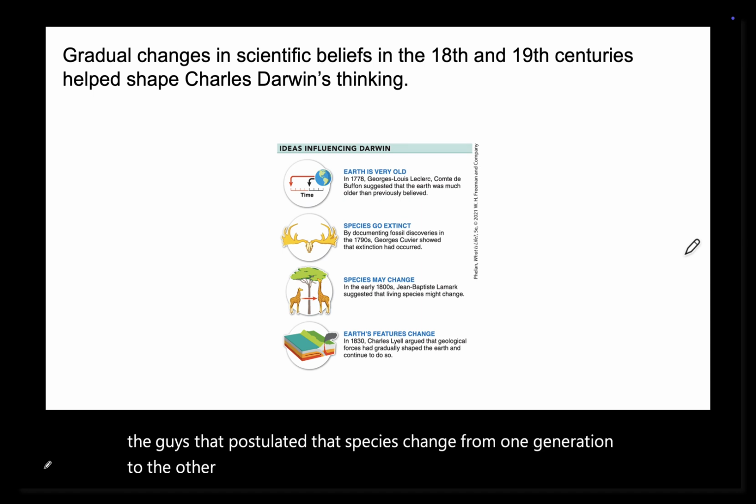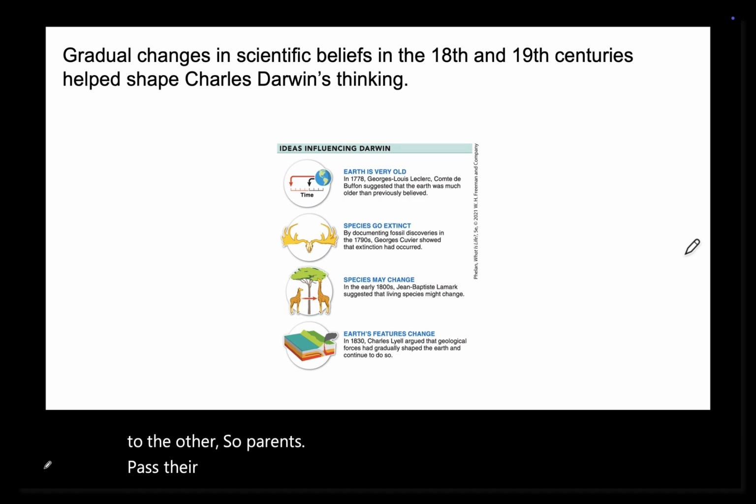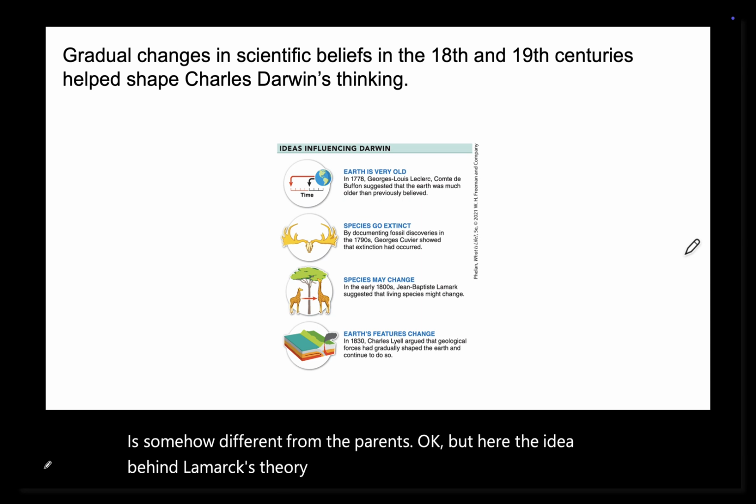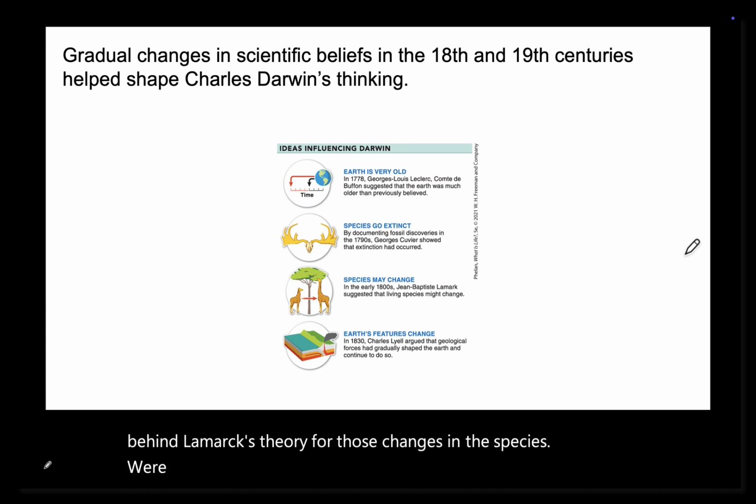So parents pass their genetic information to their offspring, and the offspring is somehow different from the parents, okay? But here, the idea behind Lamarck's theory for those changes in the species was somehow different from what Darwin proposed.